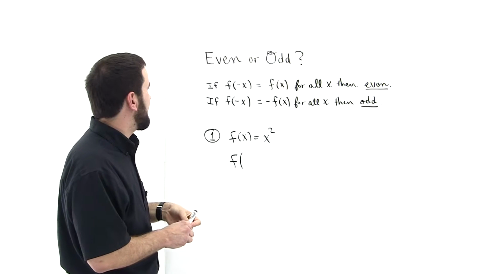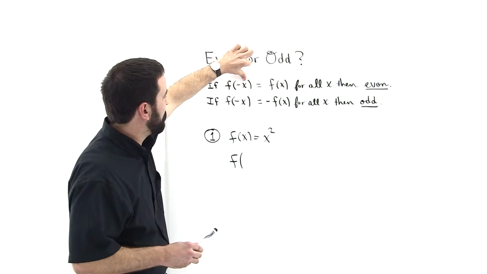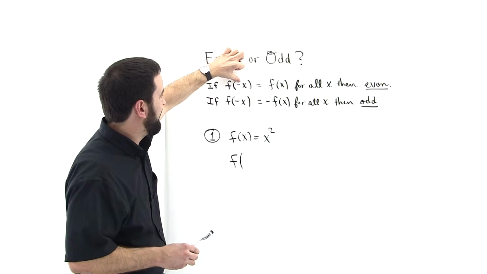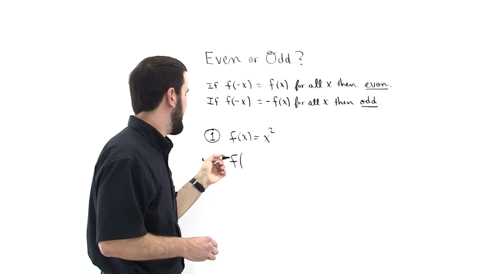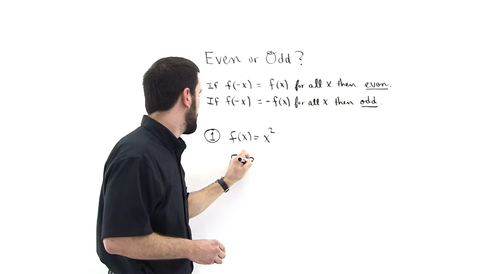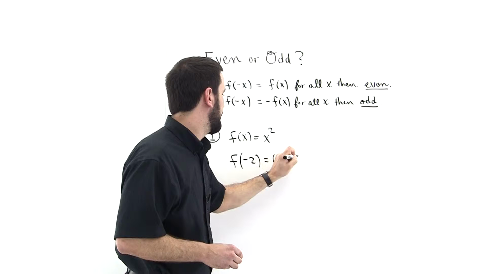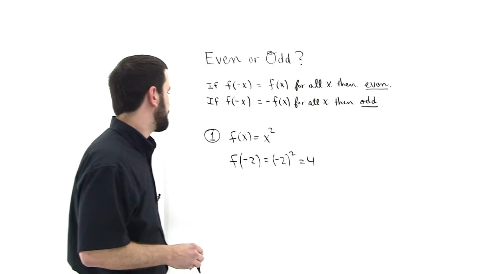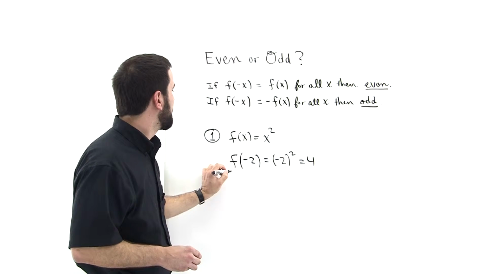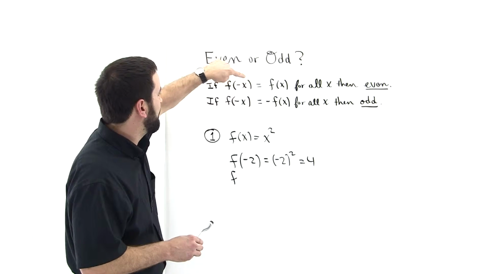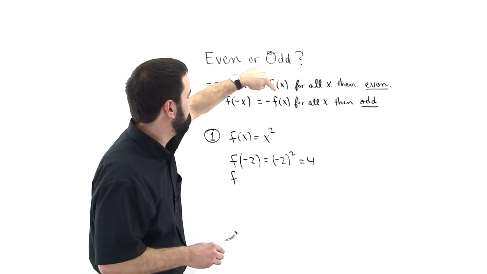And then notice, if we pick positive 2 and we put that 2 right here, this negative gets multiplied by it, so that we have to find f of negative 2. So f of negative 2 is equal to negative 2 squared, which is equal to 4. Now that we found this side is equal to 4, let's find what this side is.